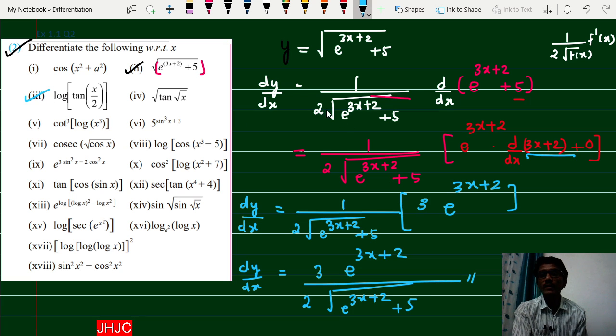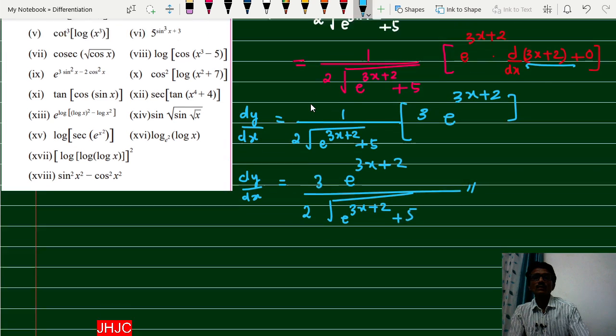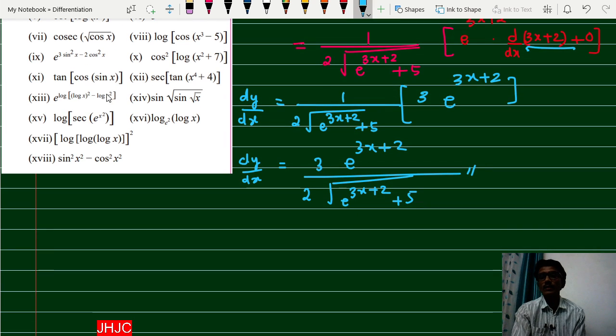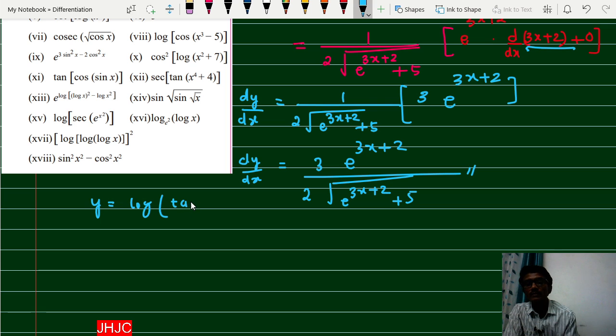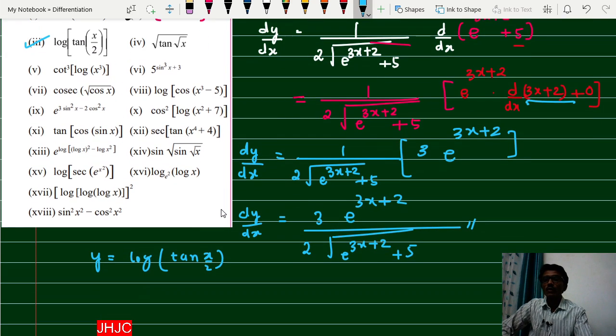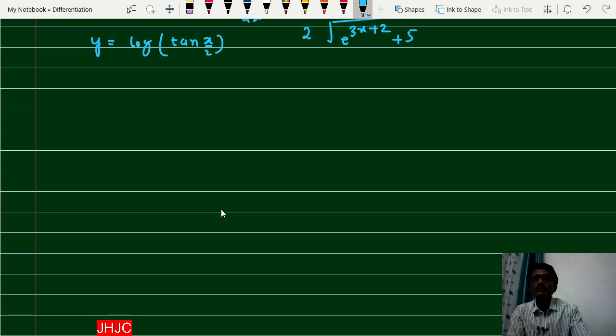Log of tan of x by 2. Y is equal to log of tan of x by 2. Here derivative of log fx.